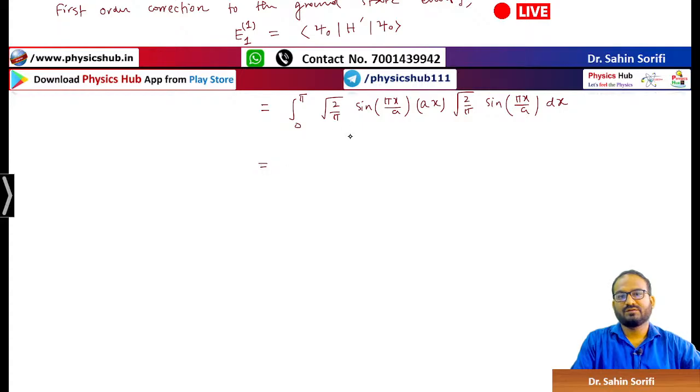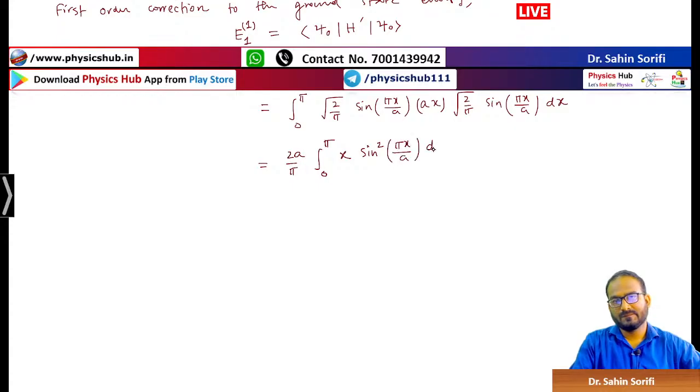So this is square root of 2 by pi and square root of 2 by pi, so 2 by pi, integral 0 to pi, a is constant, so 2a by pi, x sin square pi x by a dx. This is equal to, look, if I take this 2 inside, 2 sin square theta equals 1 minus cos 2 theta.